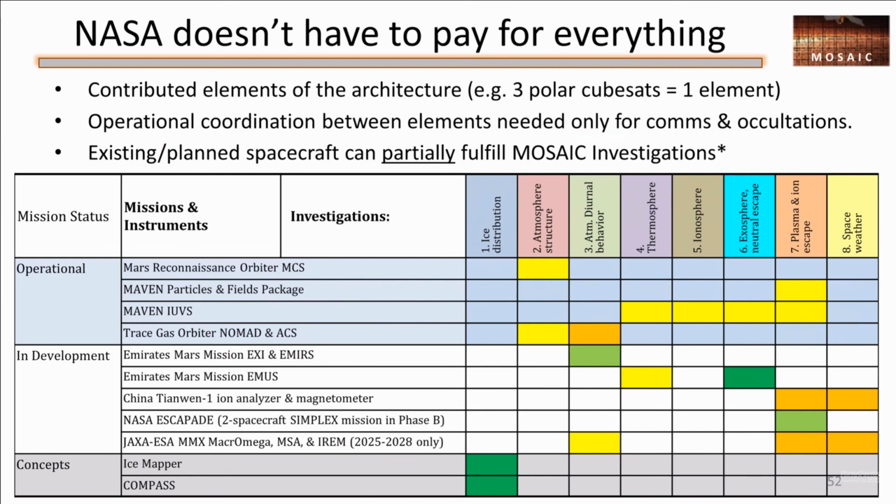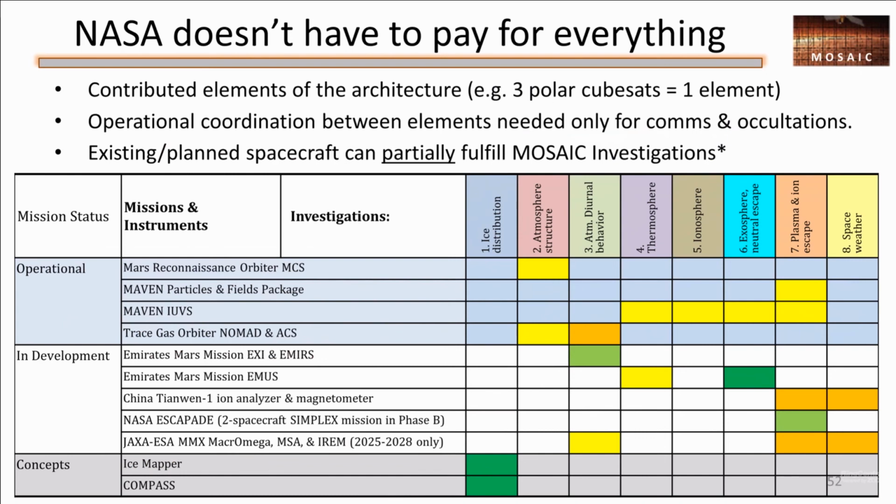Lastly, some either currently existing or planned or in development spacecraft could partially fulfill some of these MOSAIC investigations. And I put an asterisk there because existing assets are getting old, particularly that first line there, Mars Reconnaissance Orbiter.